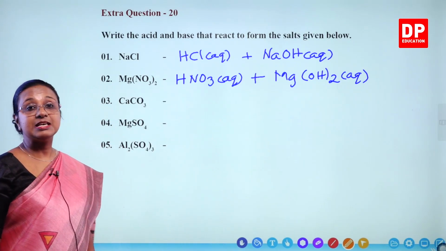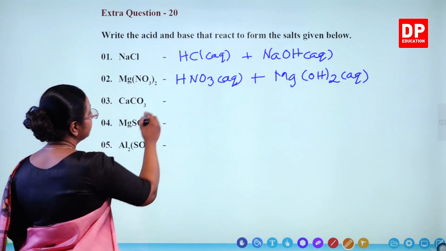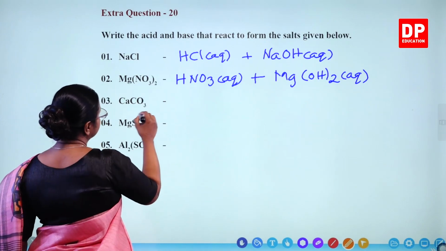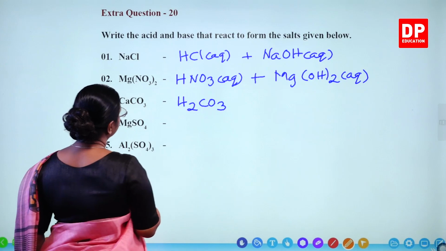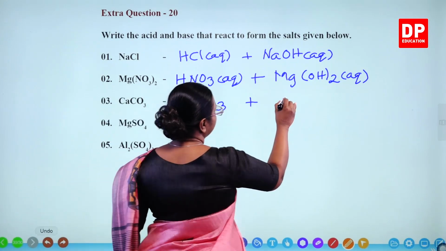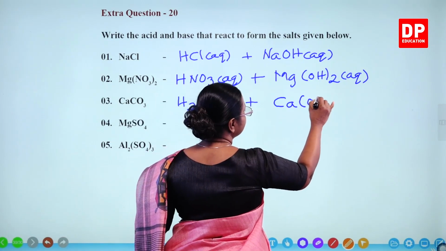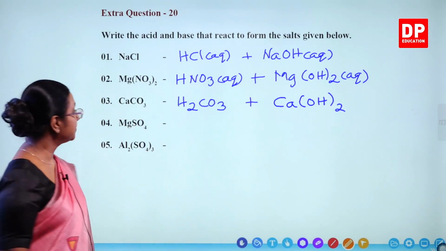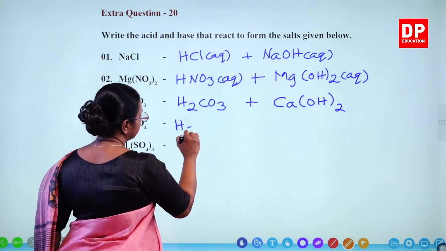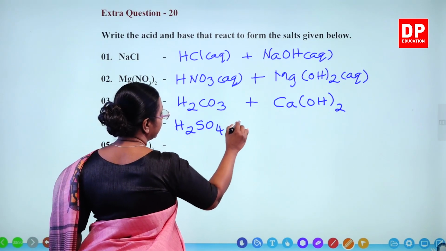How about calcium carbonate? Calcium hydroxide. So here acid and base, so it has to be carbonic acid first, H2CO3, and here it has to be calcium hydroxide.